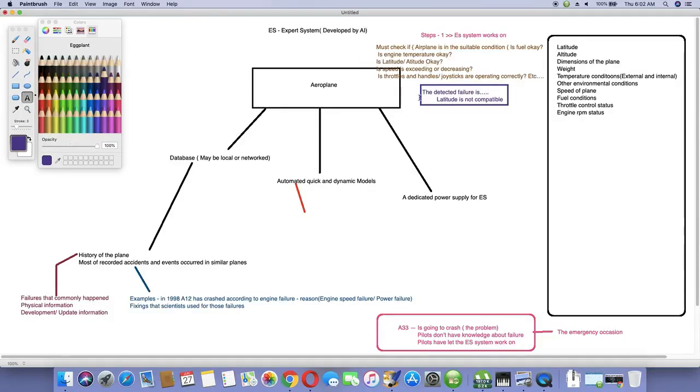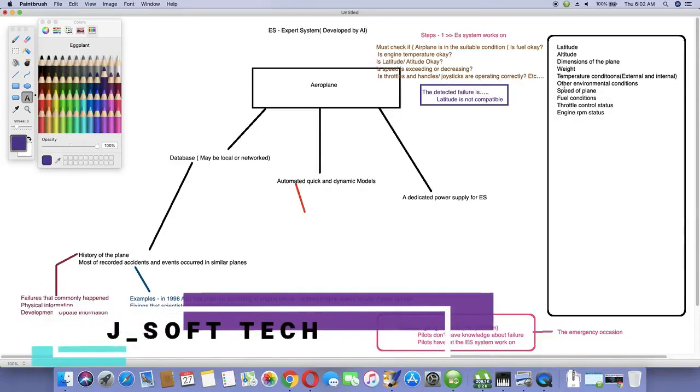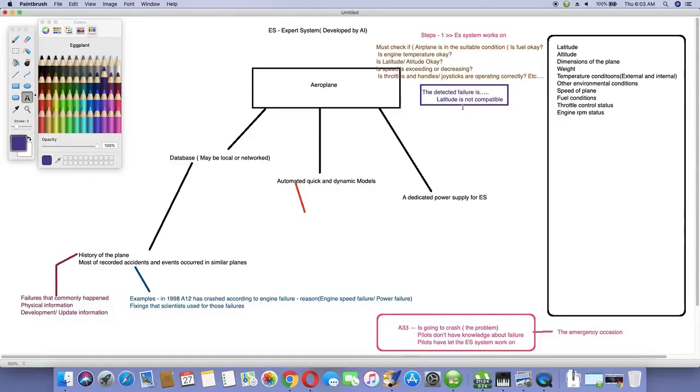So the ES system should work very efficiently and use the most powerful processors, the most powerful databases, and the fastest data lines and data buses. The failure detection should be done in nanoseconds, I think, because aeroplane ES systems and AI development use that kind of speed.